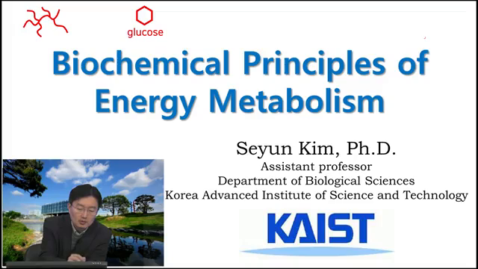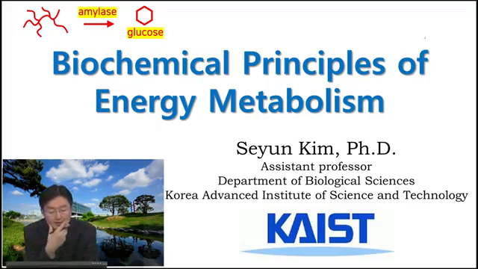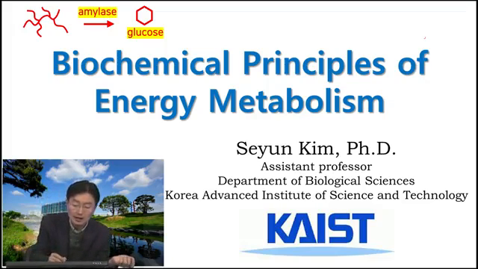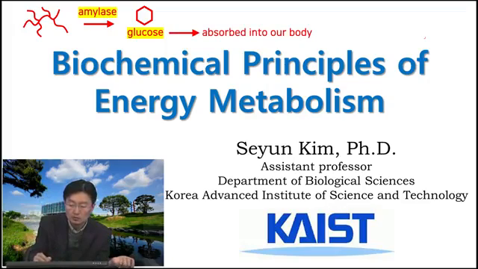The glucose polymer was degraded through amylase actions, and now finally glucose monomers are produced. You faced many different types of enzymes. So obviously the next step is how glucose can be absorbed into our body.